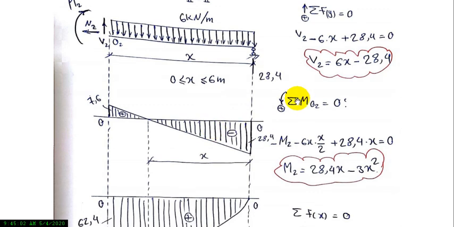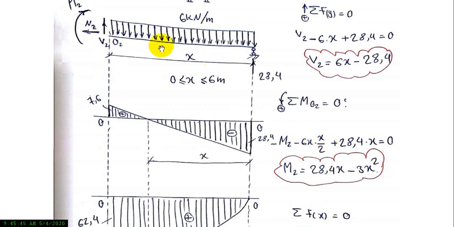And also we take a moment at O1. So the direction is also optional. I take counterclockwise positive and clockwise negative. Summation of M2 is equal to 0. So we can write minus M2, because this moment acts clockwise, and also minus 6, the rectangular area, multiplied by x multiplied by the arm.